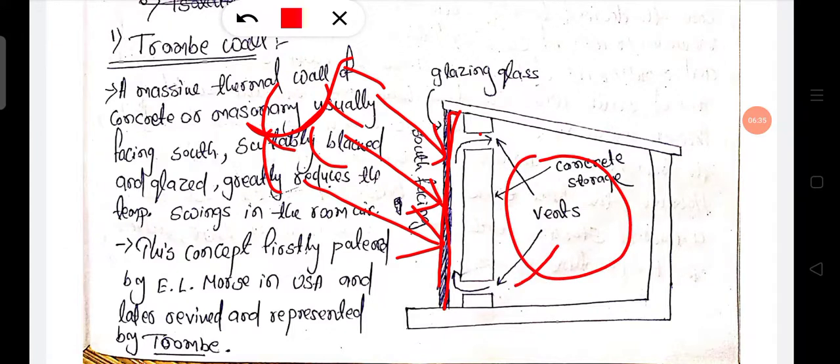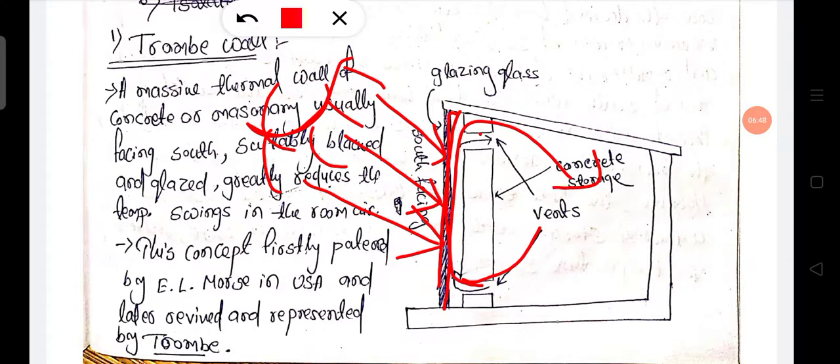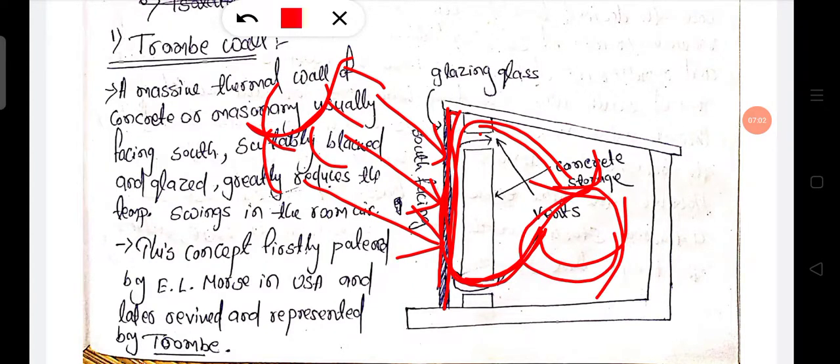The air is circulated through these vents, and due to the glass heating we get warm air inside our room, which heats our room accordingly.